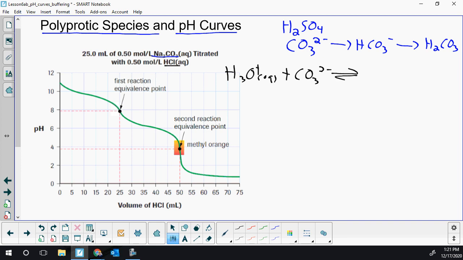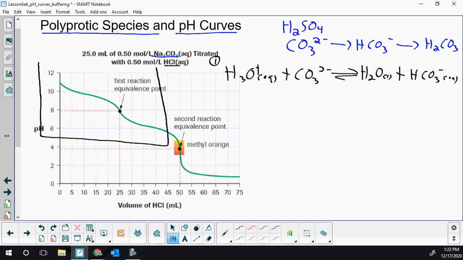That's going to lead to a Bronsted-Lowry reaction, making water when the acid loses an H, and hydrogen carbonate when the carbonate picks up an H. And that is going to end up being our first reaction. We're going to see that first reaction before and after our first equivalence point.